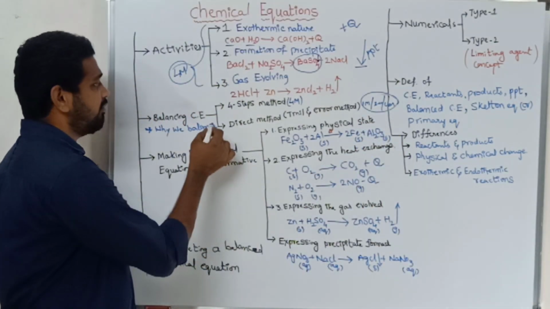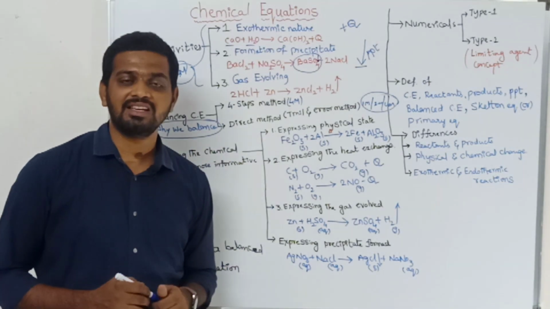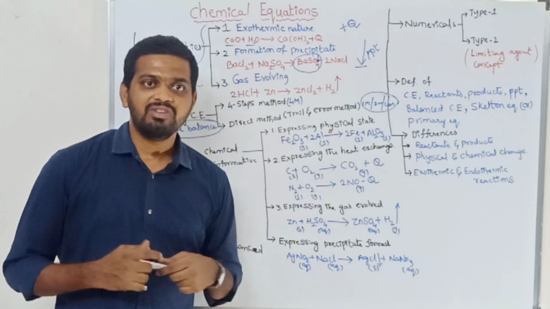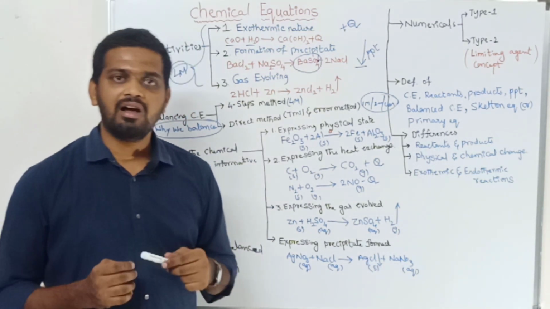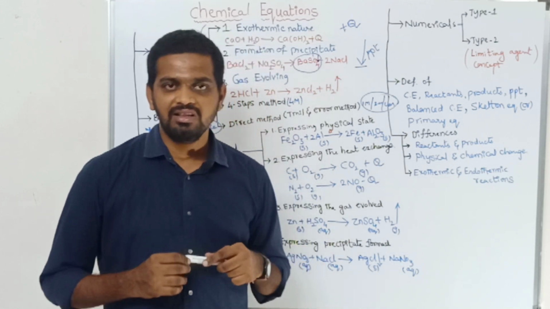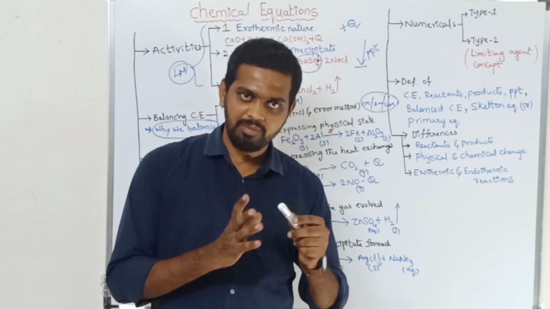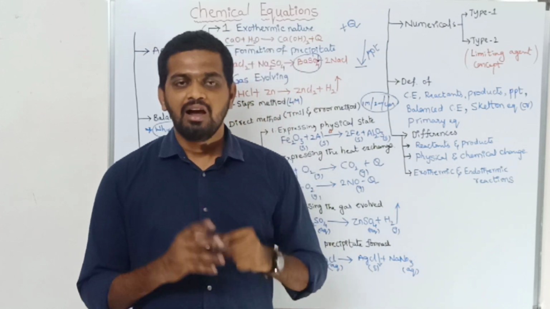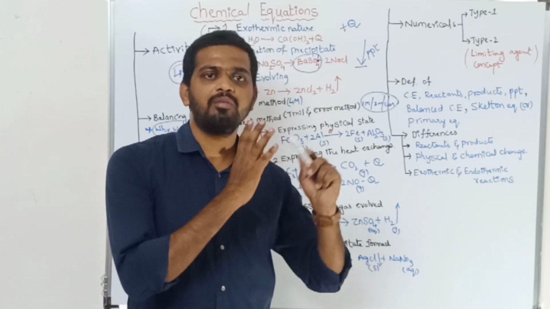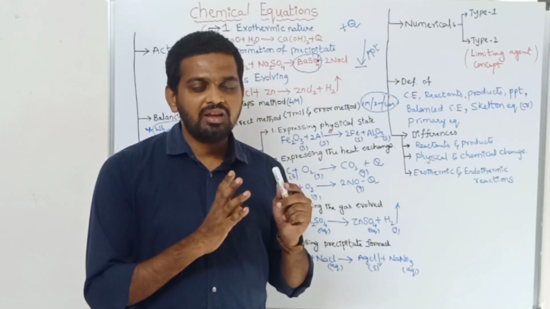And coming to this question, why should we balance the chemical equation? According to the law of conservation of mass, atoms can neither be created nor destroyed in a chemical reaction. For example, if 100 atoms participate in the chemical reaction, after the chemical reaction, the same 100 atoms will be formed.